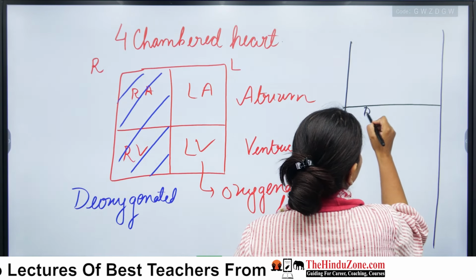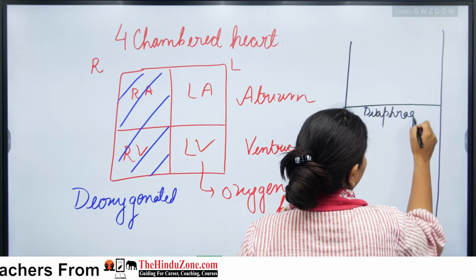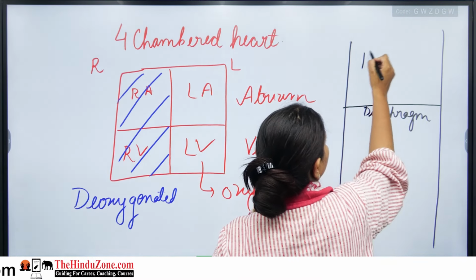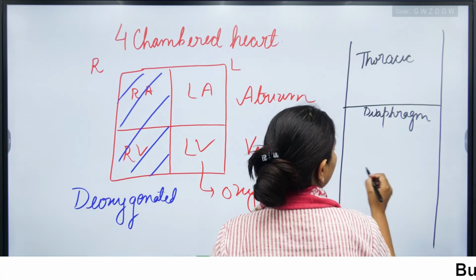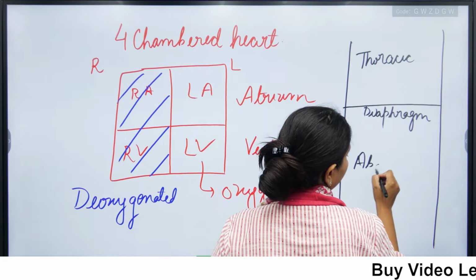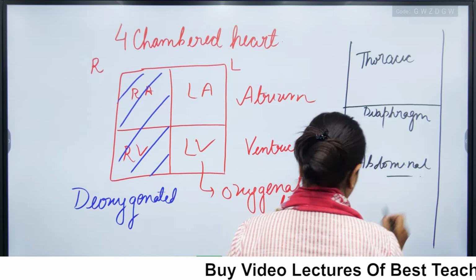Okay, this is diaphragm. So upper part is thoracic cavity, right? And lower part is abdominal cavity, right?